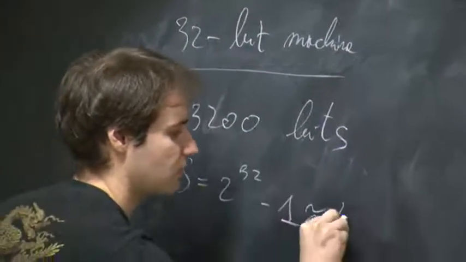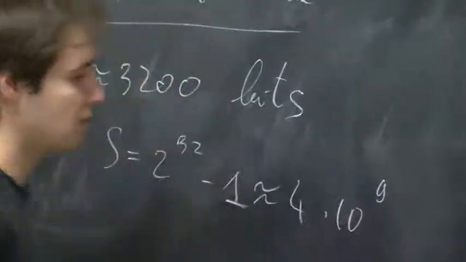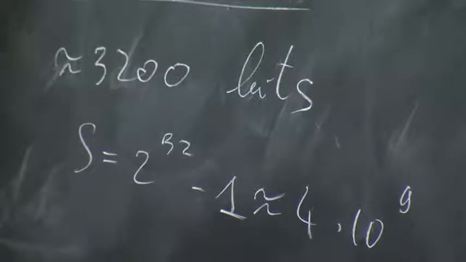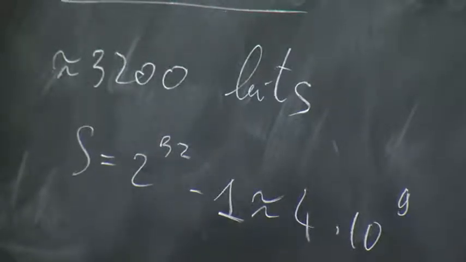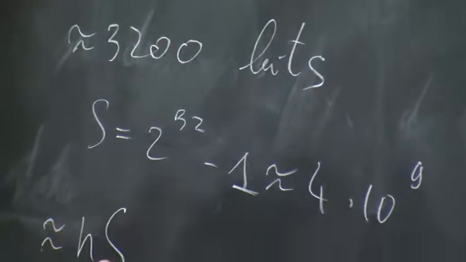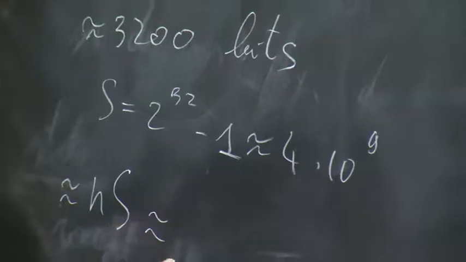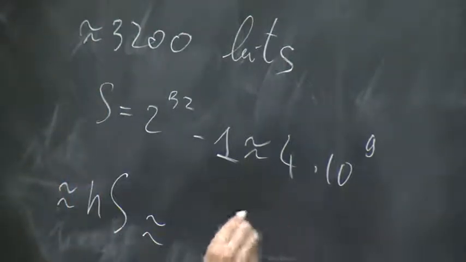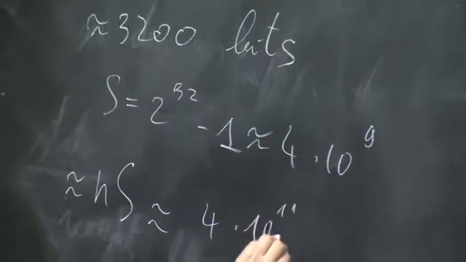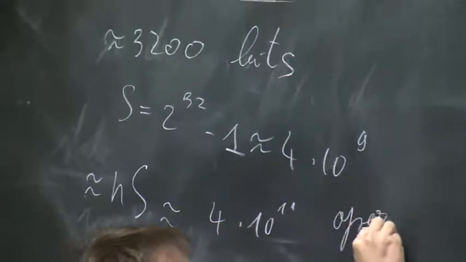Which is roughly 4 times 10 to the 9. So the worst case running time is? Roughly n times s, right? Which means roughly 100 times 4 times 10 to the 9, which means 4 times 10 to the 11 operations.